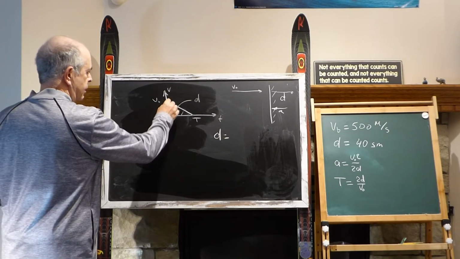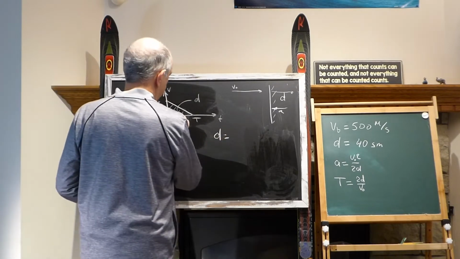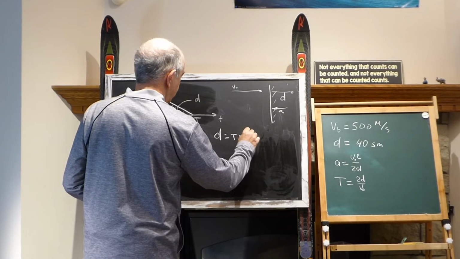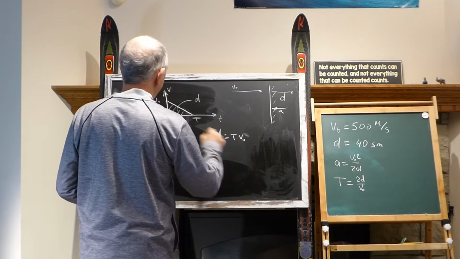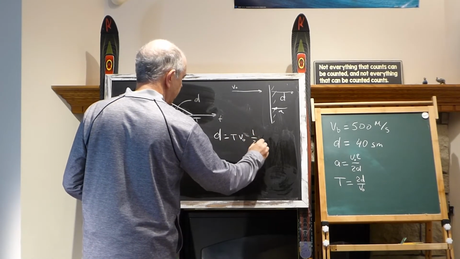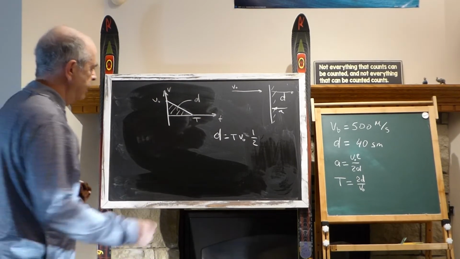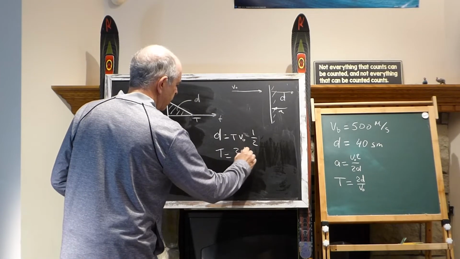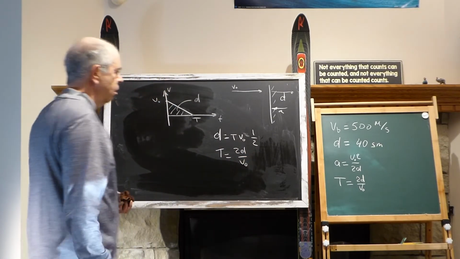I can say that it's triangular, so T multiplied by V0, and I have to put 1/2. And T immediately becomes 2D divided over V0. And that's it.